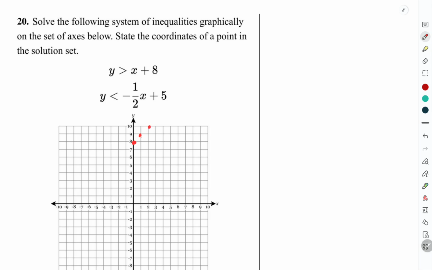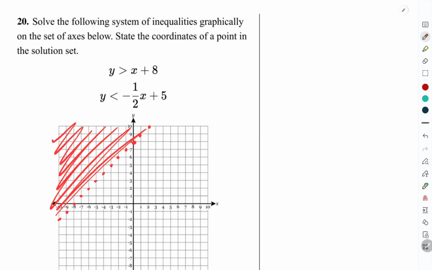I'm going to graph my line. I know I'm doing it on paper, you guys won't be doing this on paper. As a dotted line, because there's no line under the symbol, and that shade above.